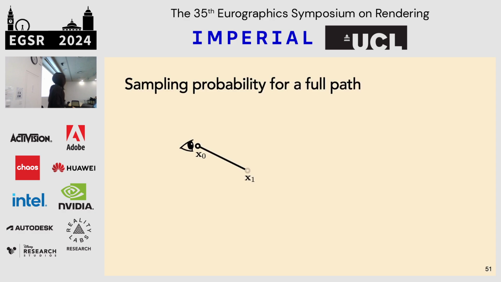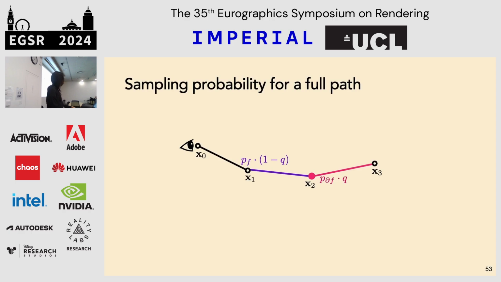So now here is an example of the sampling probability for a full path. Here we assume that the differential vertex cannot be at the camera or the light source, so we start at the first intermediate vertex. So here we randomly decide that it is a normal vertex, and we sample the next direction from the standard PDF, which gives us the location of the next vertex. And then we randomly decide that this is the differential vertex, and we sample the next direction using the differential PDF.